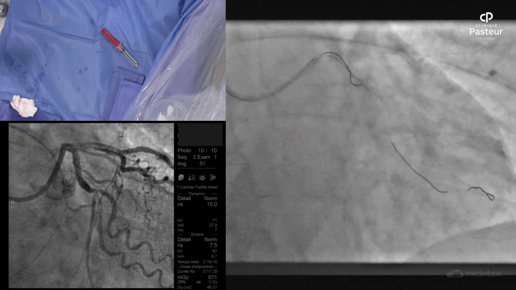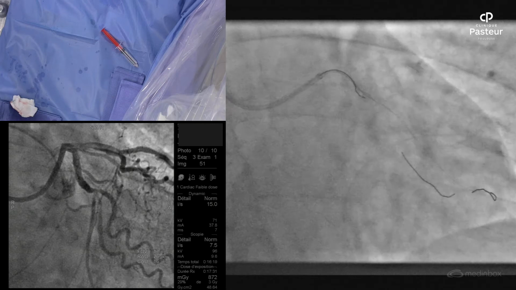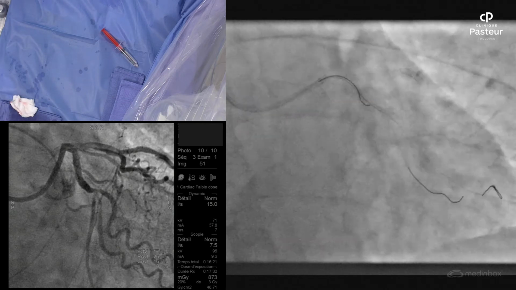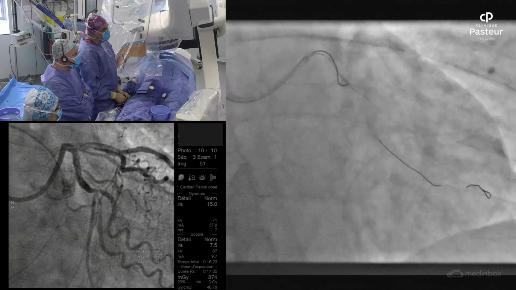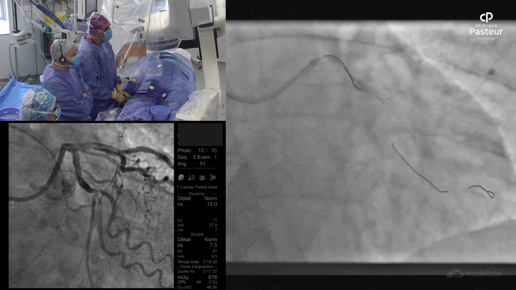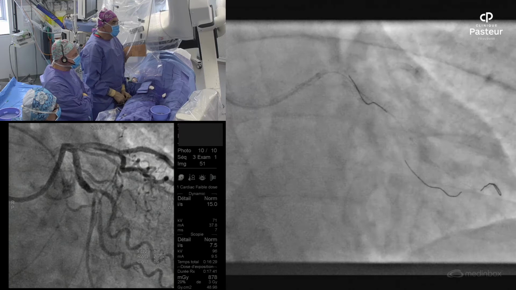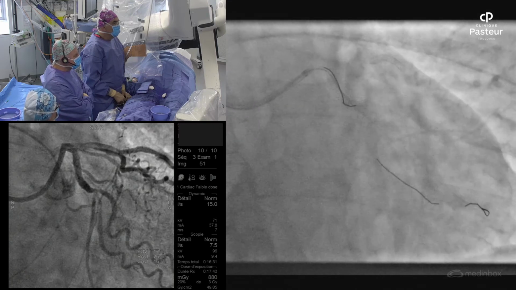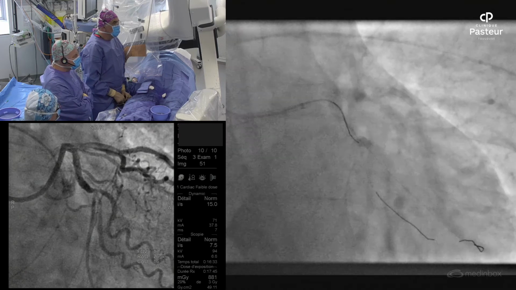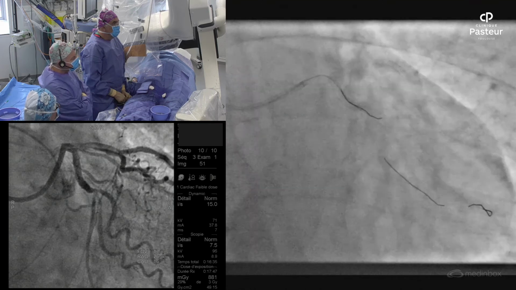It's a matter of patience, because if we move too fast, we will destroy the wire. That's a problem, and we will have to take another, new one. So what we try to do is difficult, to go inside the distal.